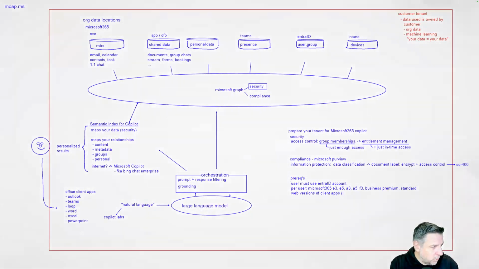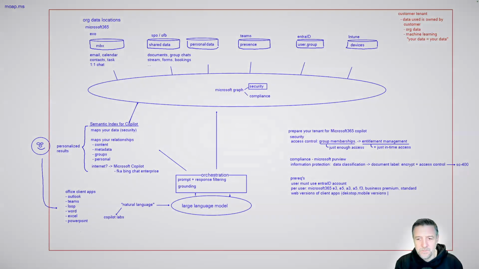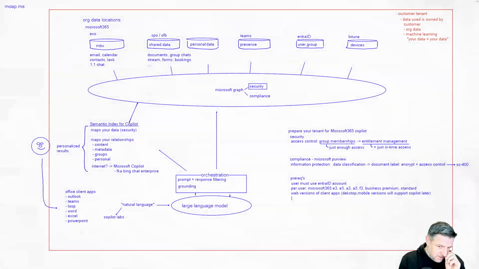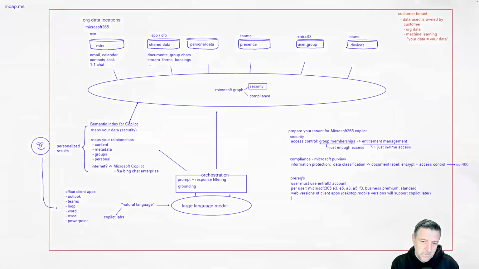The full clients, the desktop or the mobile versions, will support Copilot at a later stage. At this point, it's mostly for the web versions. Outlook, however, is different. For Outlook, we need the new version.